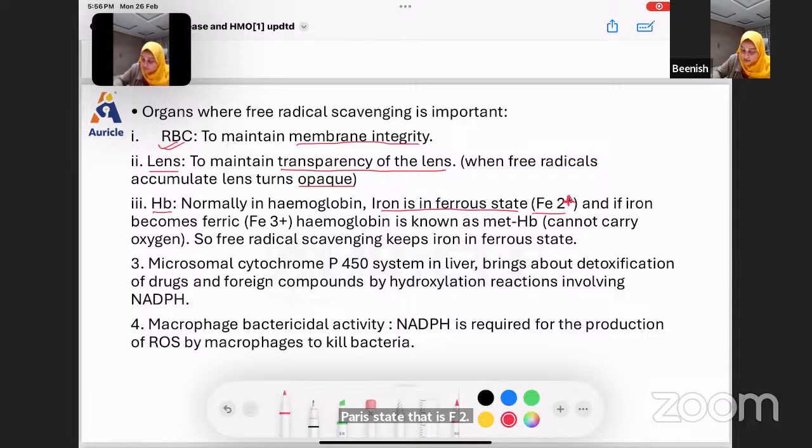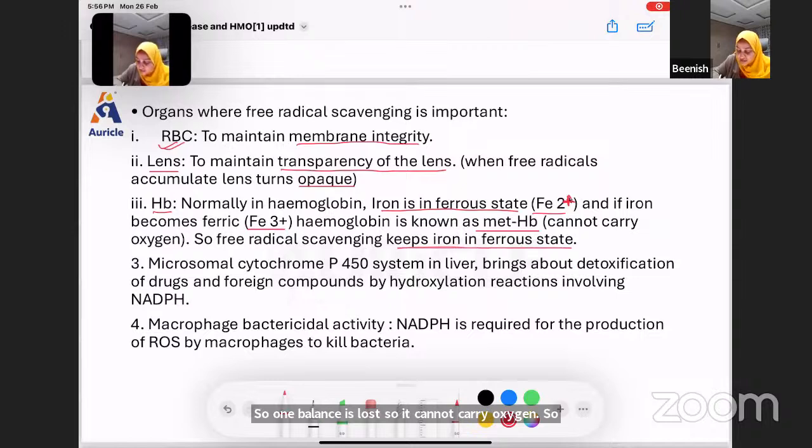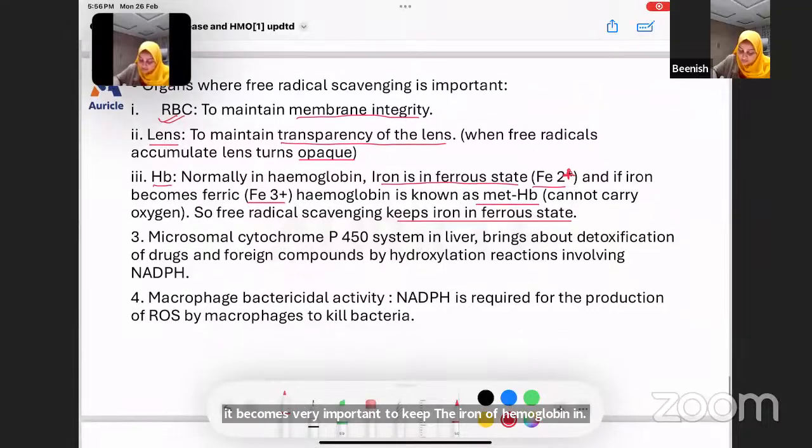And if iron becomes ferric, that is Fe3 plus, hemoglobin is known as methemoglobin. So one valency is lost, so it cannot carry oxygen. So free radical scavenging keeps iron in ferrous state. So it becomes very important to keep the iron of hemoglobin in ferrous state.